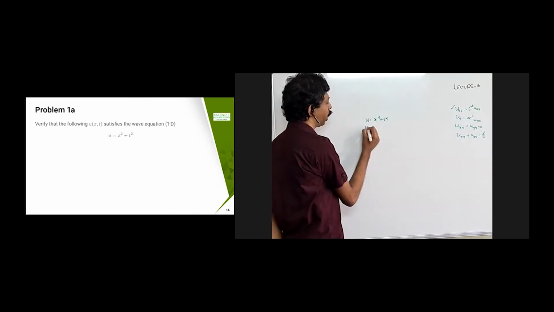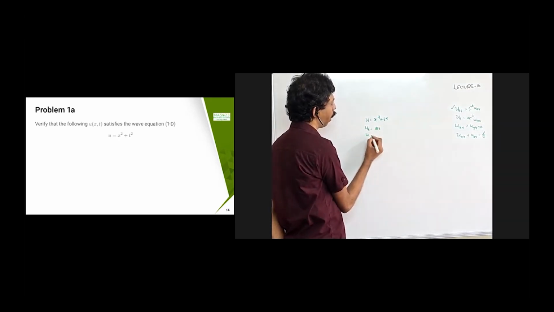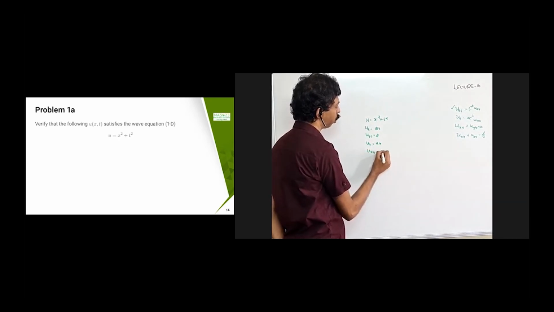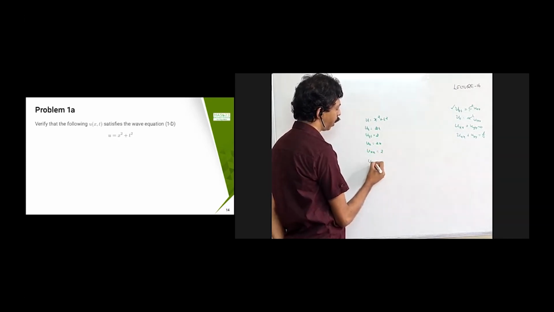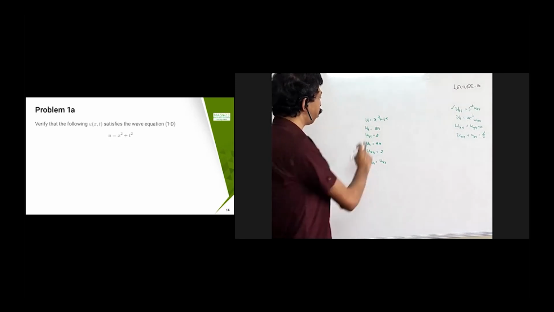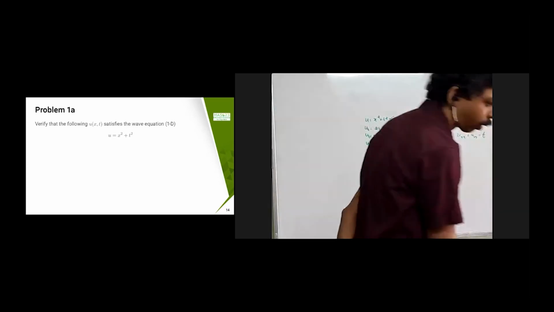Therefore, ut is going to become 2t, utt is going to become 2, ux is going to become 2x, and uxx is going to become 2. Therefore, utt is equal to uxx in this case. Utt and uxx are the same. Therefore, this is satisfying the wave equation in the one dimensional case.